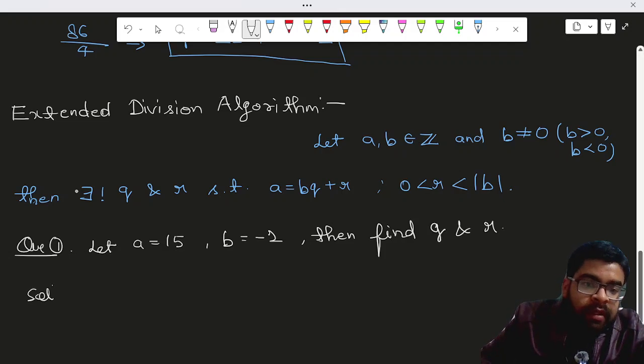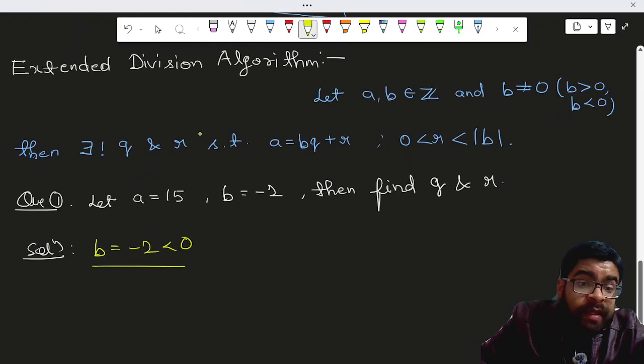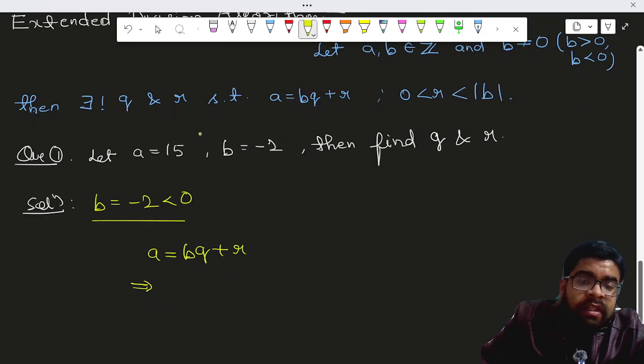Okay, solution. देखिए, so in this case we can see that b is equal to -2, which is less than 0. So because b is negative, we'll use our extended division algorithm. So we can write a is equal to bq plus r. So in this case, basically 15 is equal to -2 times q plus r.